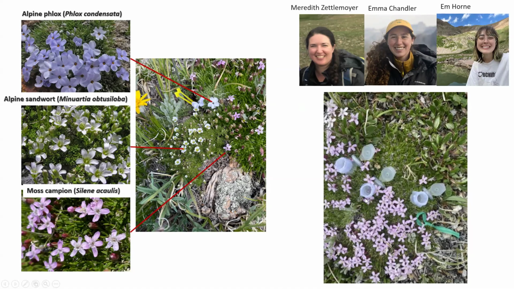And then she has her controls over here that pollinators are able to visit. And then when she excludes pollinators, some of them she will hand pollinate and some she won't leave with any pollen. And so with that, our hope is to be able to understand what is the natural pollination rate in this species, how important is that for reproduction, and how might that be changing with climate.